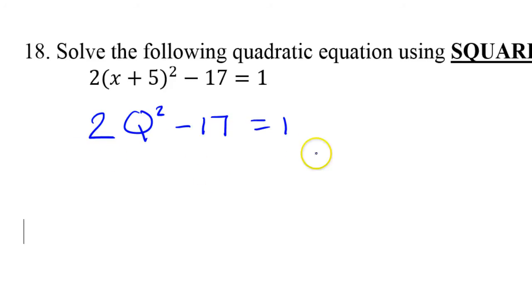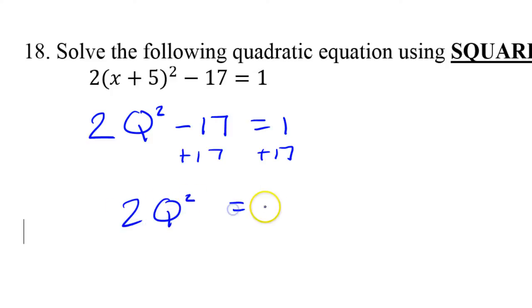Usually if I give it to them like this, they say, oh, well, let's add 17 to both sides. That's what they would do. And then I say, look, this is going to be the same thing. Just treat the parentheses like a q. So we're going to add 17 to both sides first. But let's see what else we would do. If I have 2q squared, now I'd have equal 18.